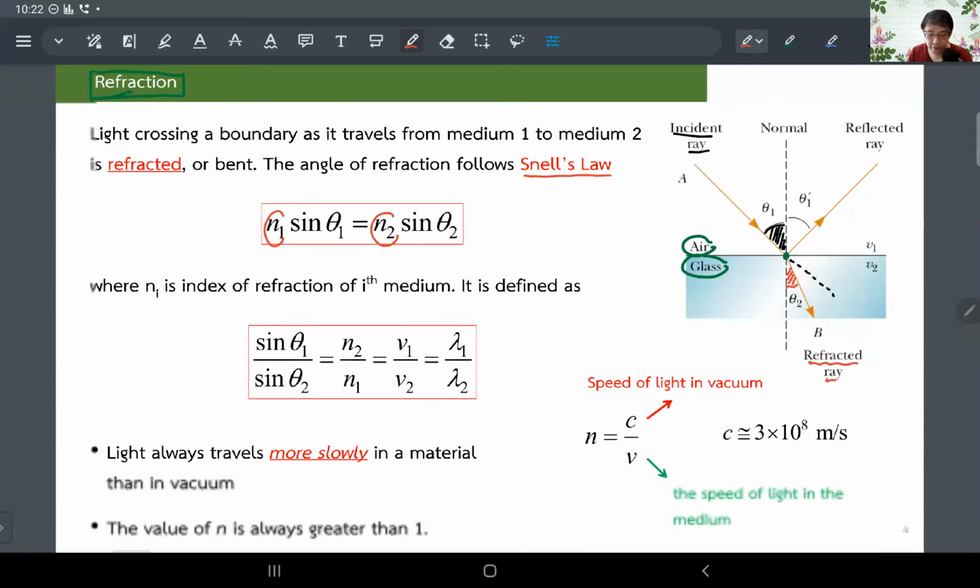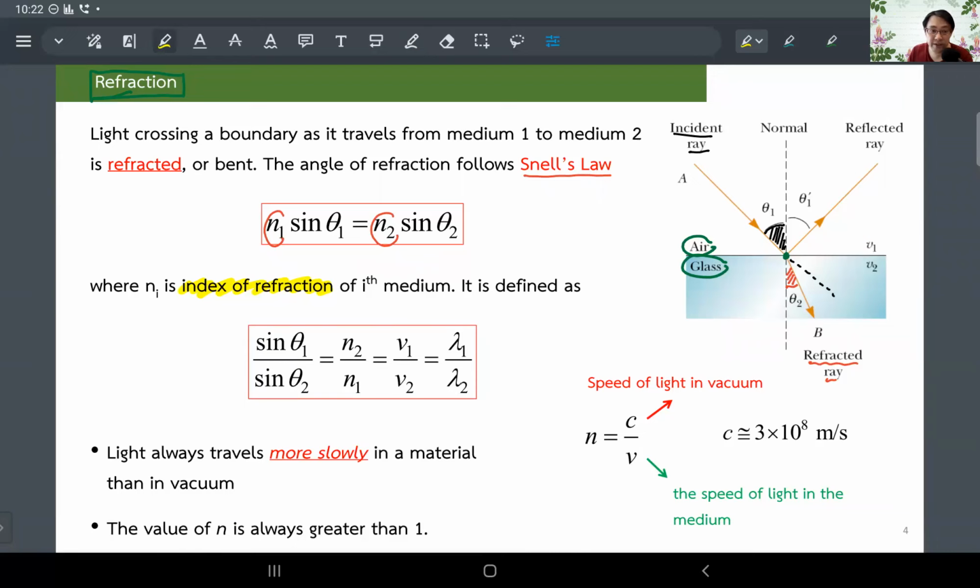We call it the refractive index, or the index of refraction. That's the n. It's so common that you can even speak of n of air, n of glass. Everyone will know, under the context of optics, that n means index of refraction. It's that common.